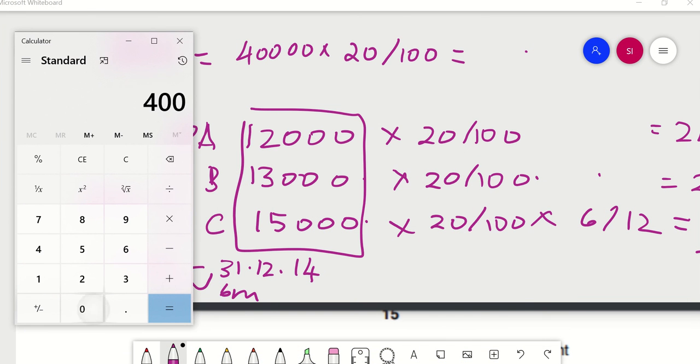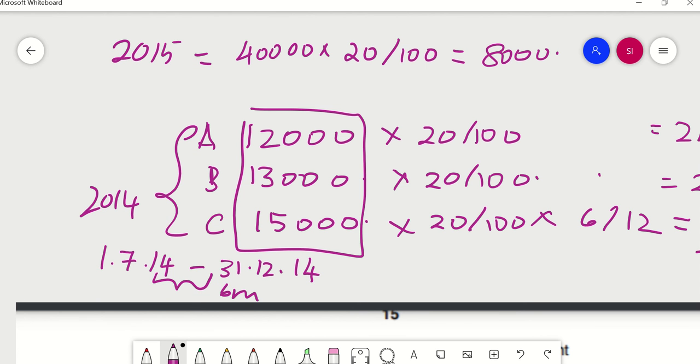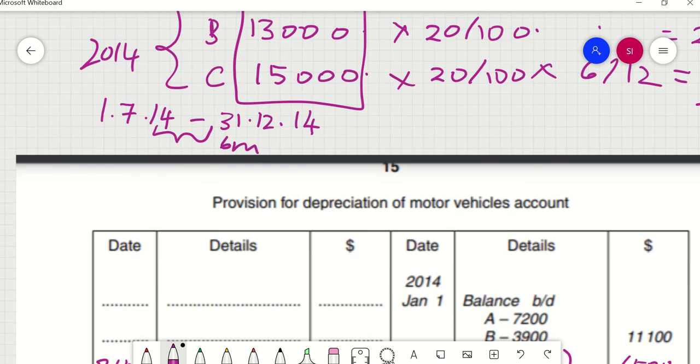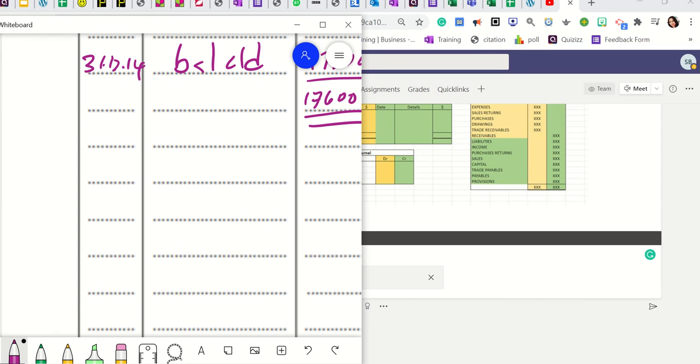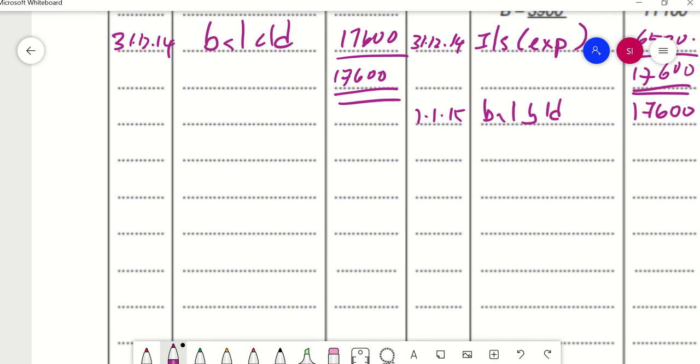So 40,000 into 20 divided by 100 gives you 8,000. Now what will you do with this 8,000? 8,000 is for the current year, which is income statement expense, 31st 12 2015, balance of the ledger.